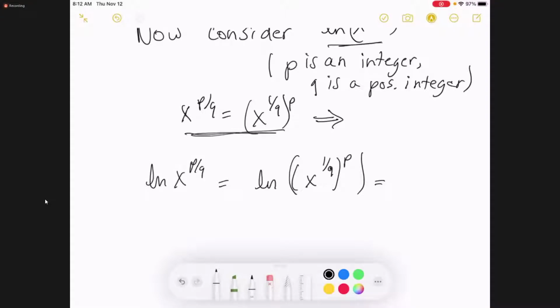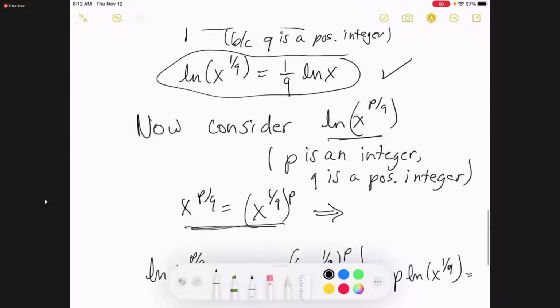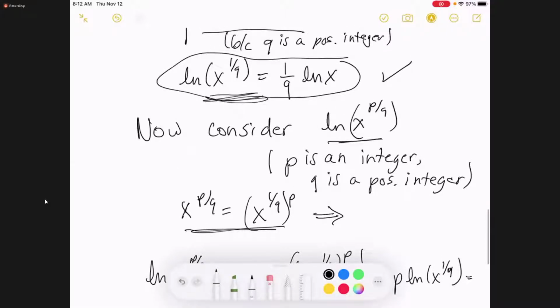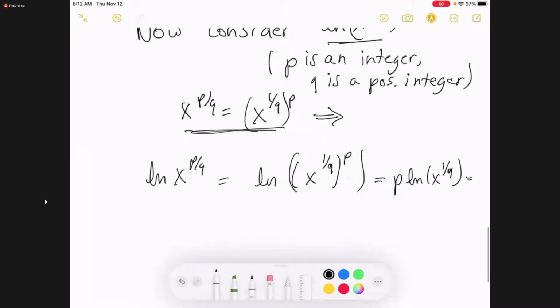Okay, so pull the p down. We're allowed to do that. But we just proved in the previous step that we can pull the 1 over q down too. So this is p times 1 over q times ln of x, which is p over q times ln of x.